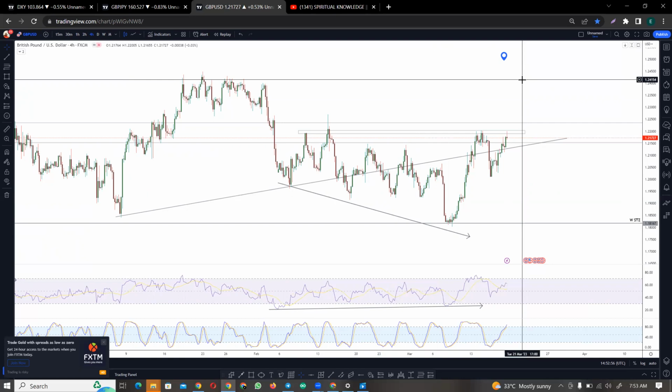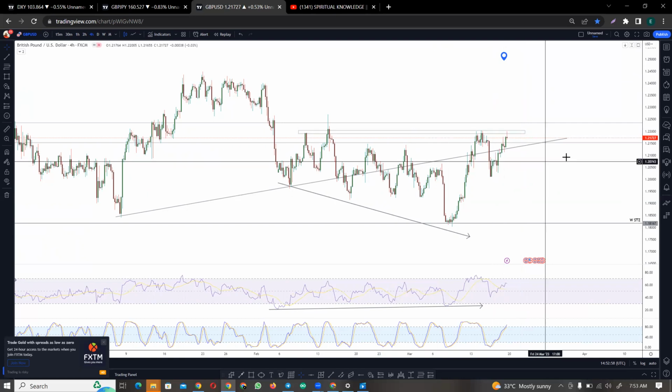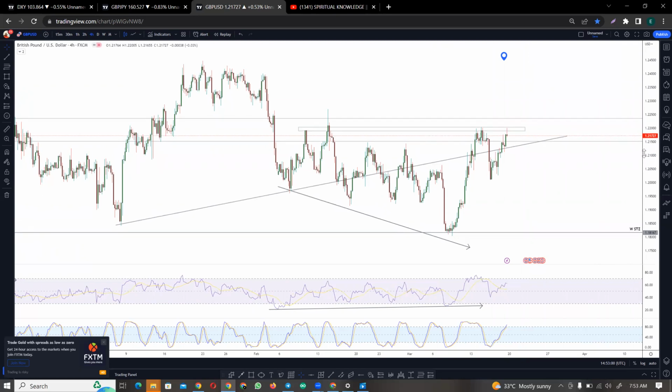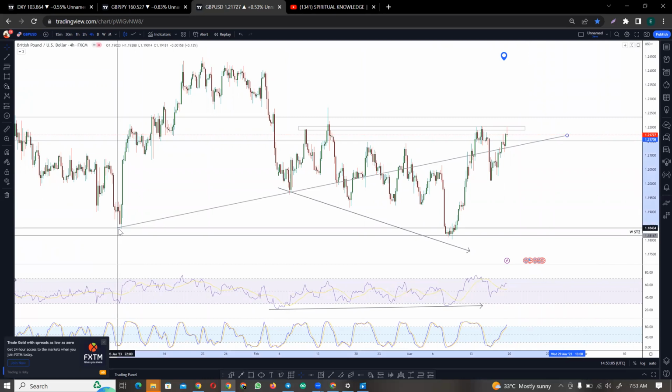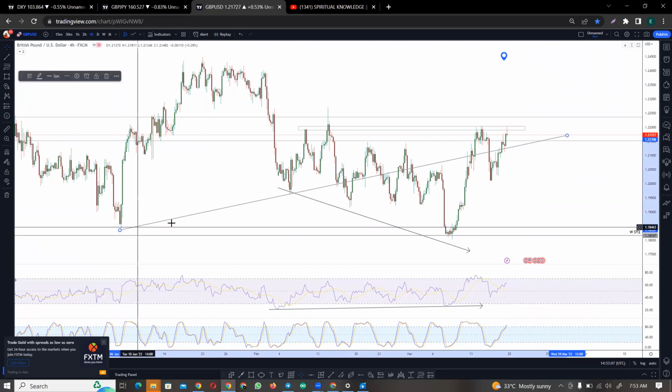So we see what market we do here. We might just form an M pattern. You know, I wish the market, but we don't use wish to trade.